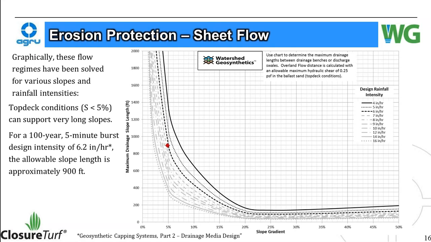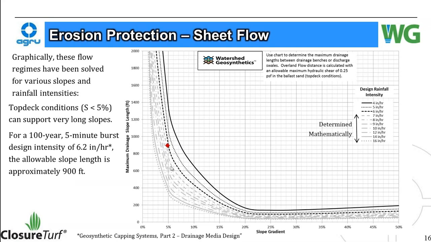For, let's say, a 100-year 5-minute burst, intensity of 6.2 inches per hour, which I pulled from a previous webinar, part 2 on our capping systems series for drainage media design, the allowable slope length at 5% for a ClosureTurf system would be almost 900 feet.